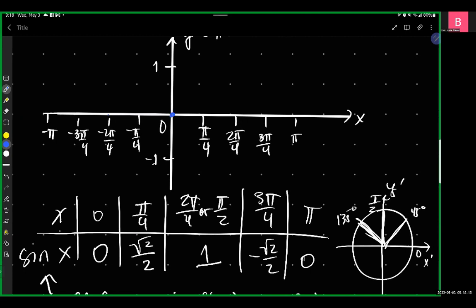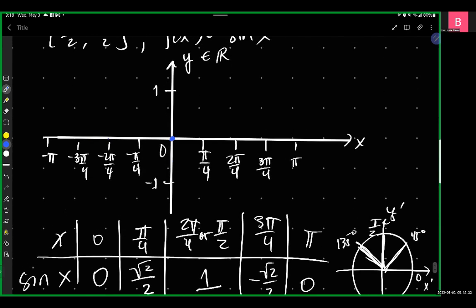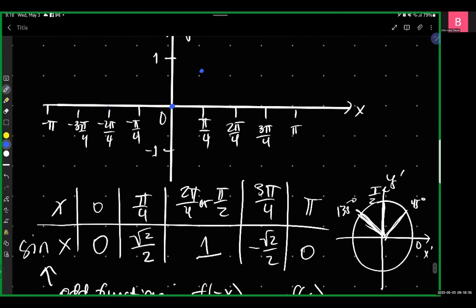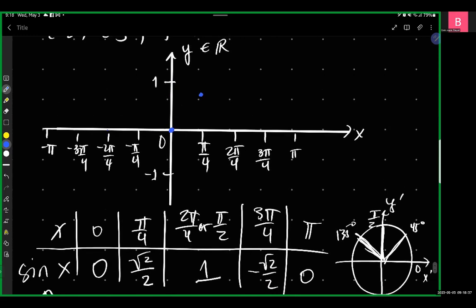When x equals pi over 4, this is your pi over 4, then it equals square root of 2 over 2, which is around 0.7, so it's around here. And when x equals 2 pi over 4, it's just 1. Your function takes the value of 1. Since this is the end of the interval, that's how far you'll get.